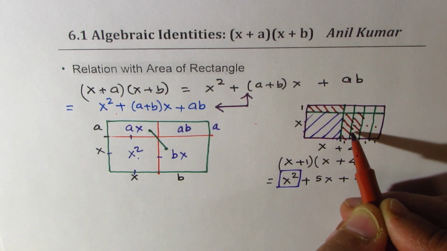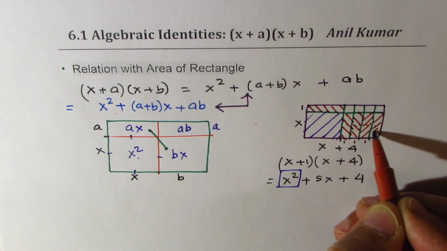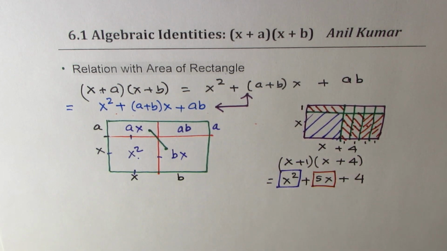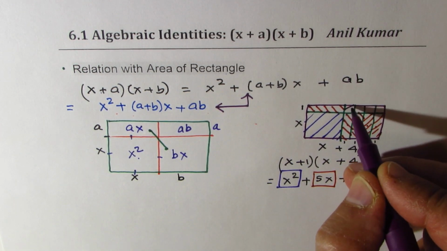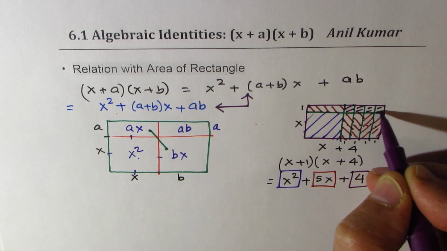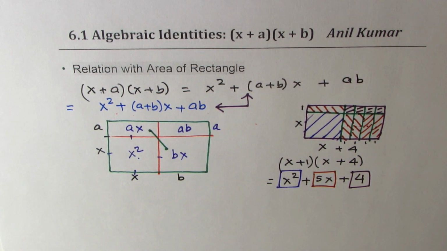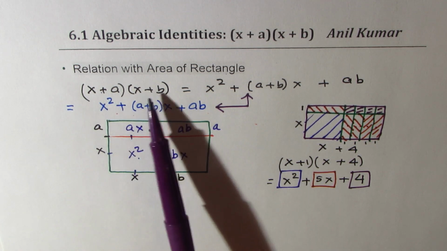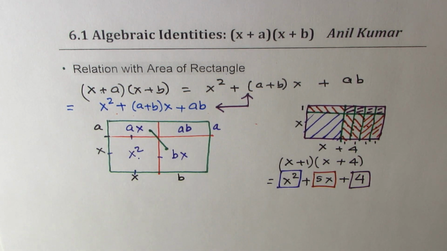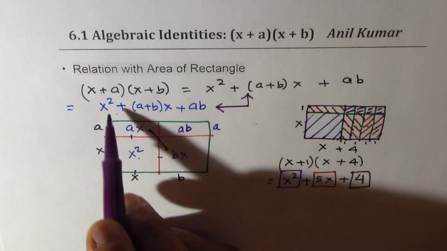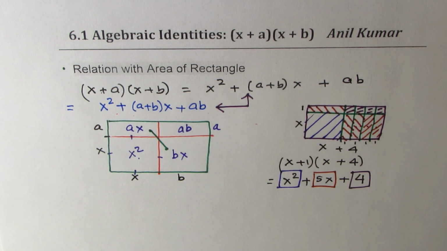So that becomes 5x. And 4 squares you could always identify. Which are these? Correct? Do you see that part? So you could have a model which gives you the area of the whole thing. So (x + a)(x + b) could be represented as two sides of a rectangle. Correct? So you can find the area of a rectangle or side lengths of the rectangle using this particular concept.